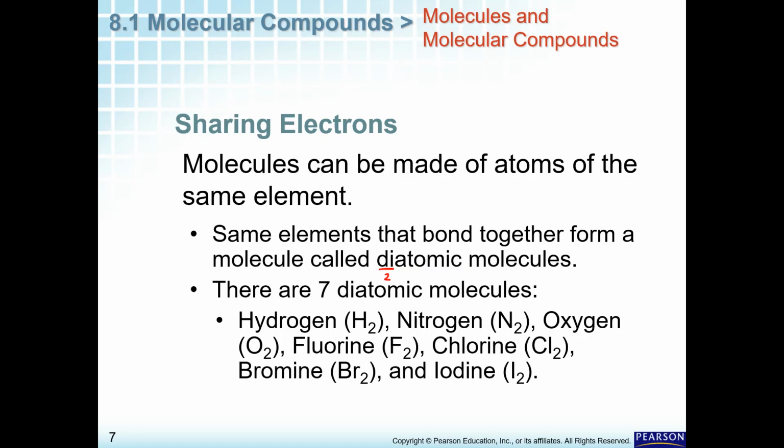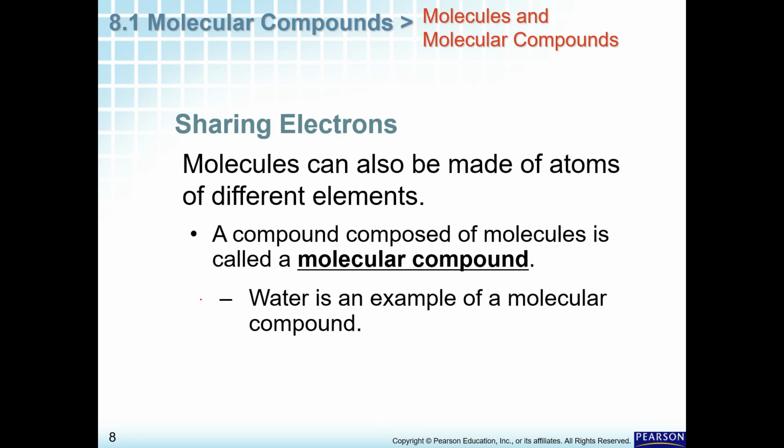There are 7 elements that do this: hydrogen, nitrogen, oxygen, which is the one we talked about, and then we have our halogens: fluorine, chlorine, bromine, and iodine. If you look on the periodic table, hydrogen's over here, and then nitrogen, oxygen, and fluorine go over, and then chlorine, bromine, and iodine go down, so it kind of forms a 7 on the periodic table. Plus, little hydrogen over there.